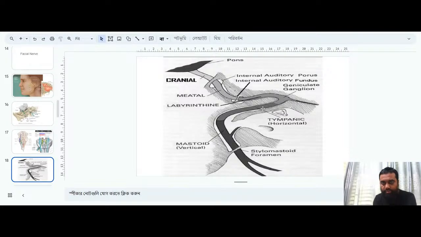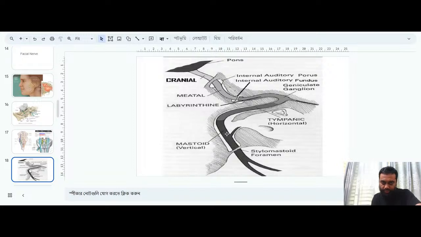It passes behind, and here we see the round window. Here is the oval window. Below the oval window, this facial nerve passes horizontally backward, and this is the tympanic segment of the facial nerve. After reaching the mastoid process, the facial nerve goes downward, forming the mastoid segment of the facial nerve.